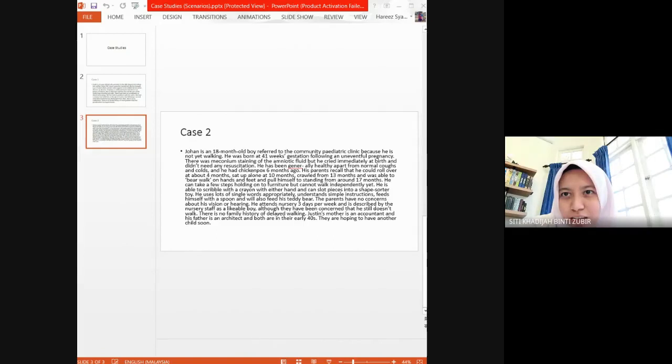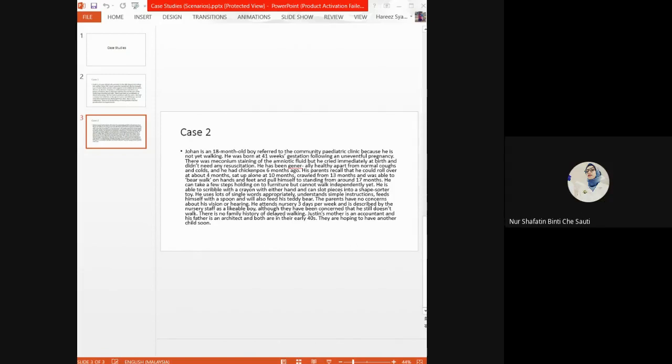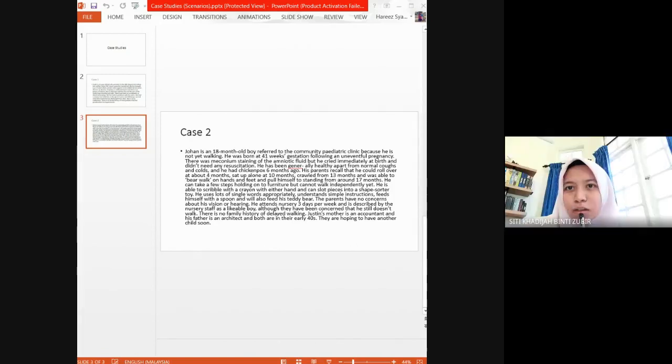Meconium staining of the amniotic fluid, but then he did not need any resuscitation, meaning to say what? Is there any problem with this condition? No. Maybe he didn't really have a problem, like meconium aspiration syndrome.